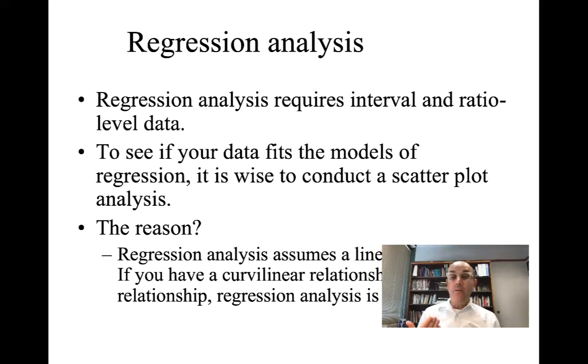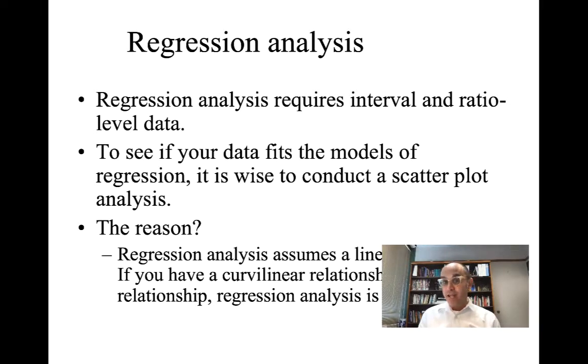If your data fits into the model of regression, it usually applies to scatter plot analysis in order for you to show what it is. So there are two conditions that regression analysis often needs. One is the type of data, which means ratio level data, and the ability to apply that into a scatter plot in order for you to see that.